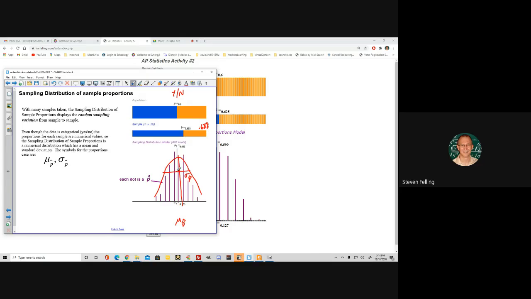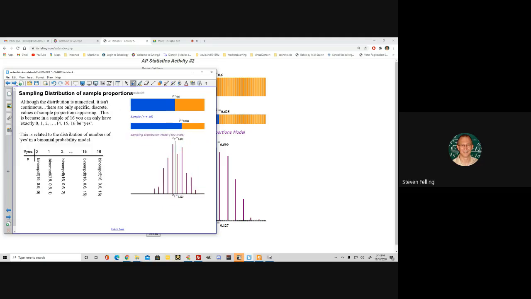The reason why this has the appearance of a line is that this is really a binomial distribution. If we had 16 people in our sample and we wanted to know what percentage had brown hair, then the probability of 0 would be binomial PDF out of 16, 60% chance of having brown hair, 0. And the 1 would be the same thing with the 1, and then the 2 would be the same thing with the 2, all the way up to 16.